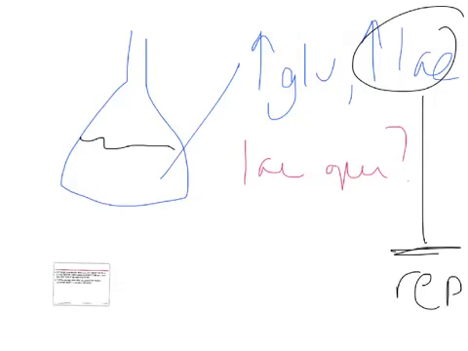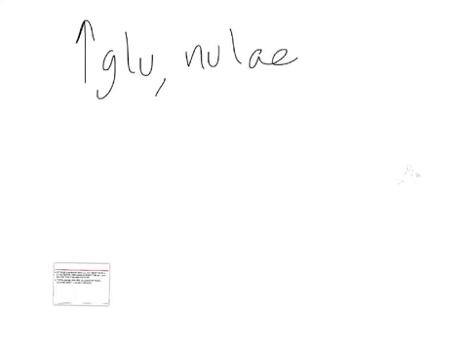What would happen if I said, let's get rid of this. What would happen if I said we had high glucose and no lactose? What's the state of the lac repressor going to be? Abby.